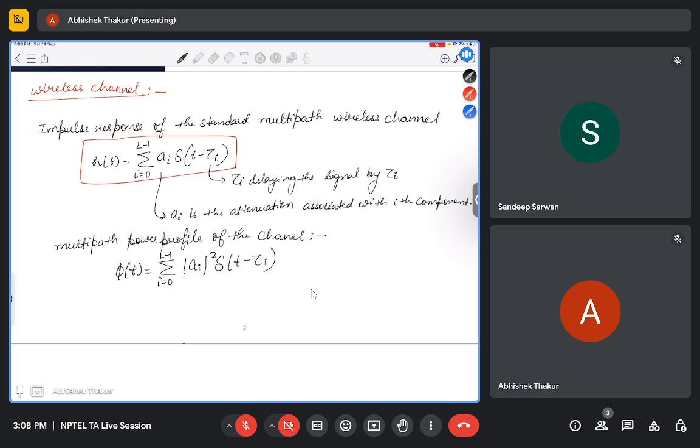So this is our power profile, and we can also take it as g_i, where g_i is equal to mod of a_i square.